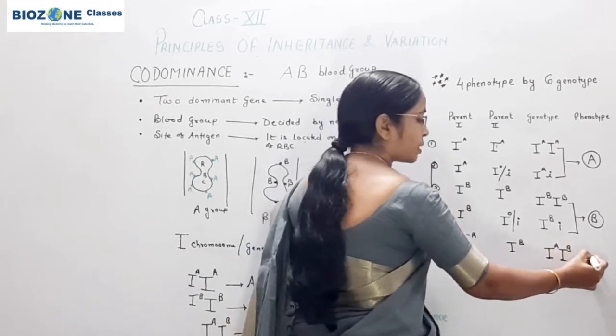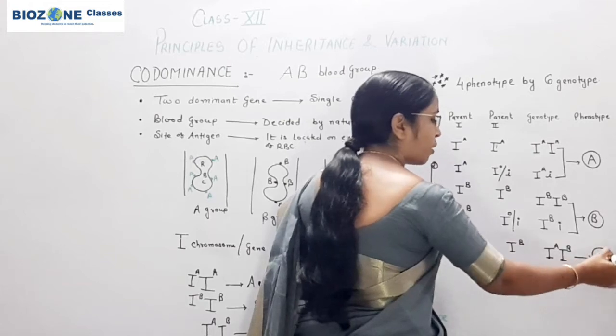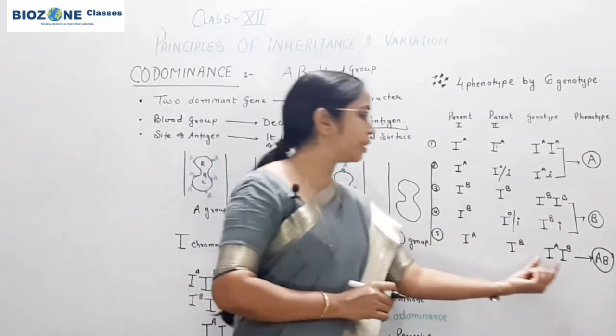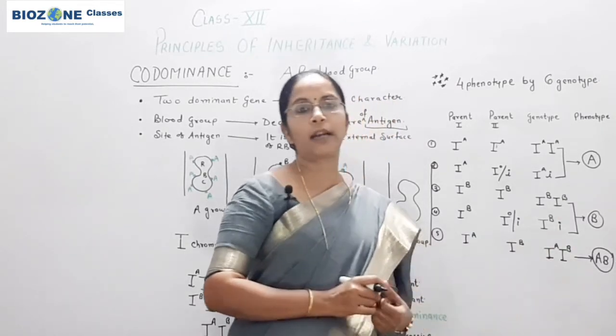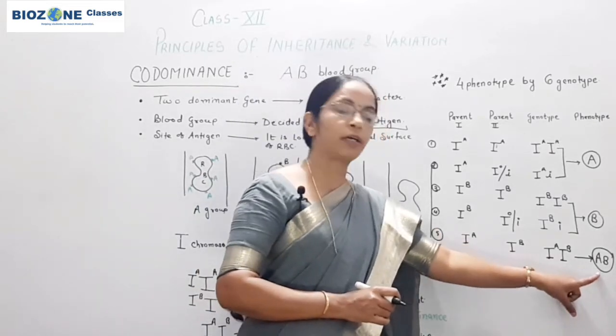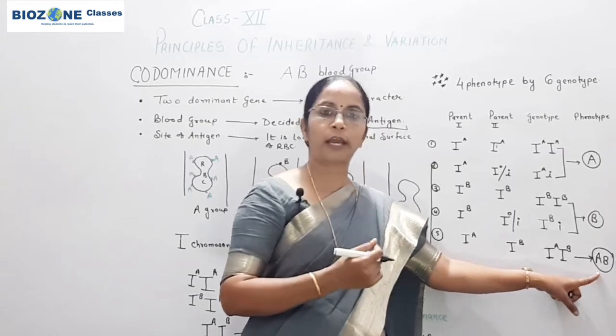This is the classical example for codominance, because the presence of two dominant genes appears here and both the dominant genes are expressed, contributing one common character, that is the AB blood group or the phenotype AB.